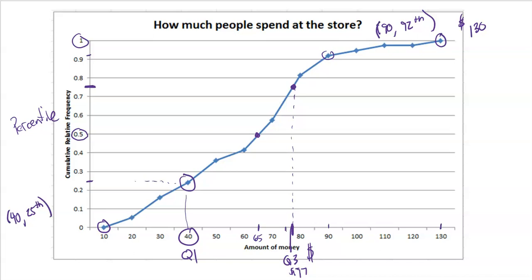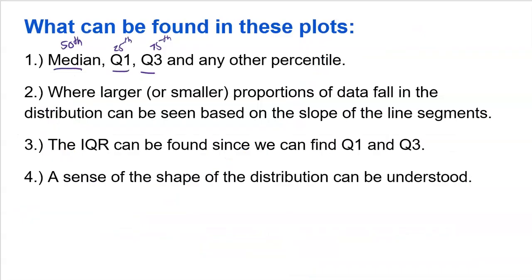Same thing with this point we looked at right here, the 92nd percentile. The 92nd percentile tells me that 92% of people spent less or equal to $90. Well, that means 8% of people spent more than $90 at the convenience store that day.